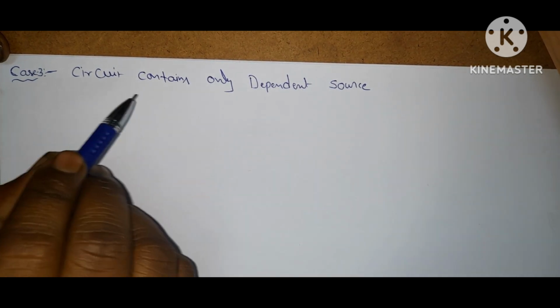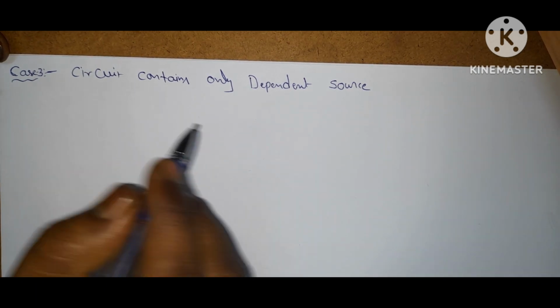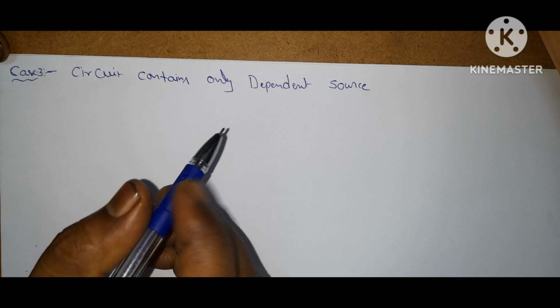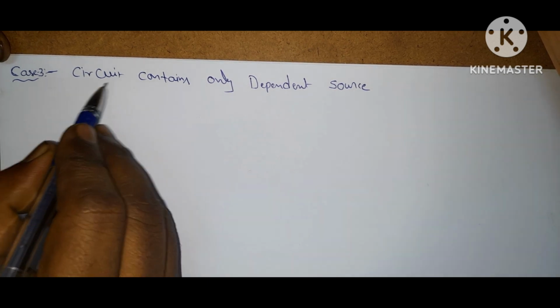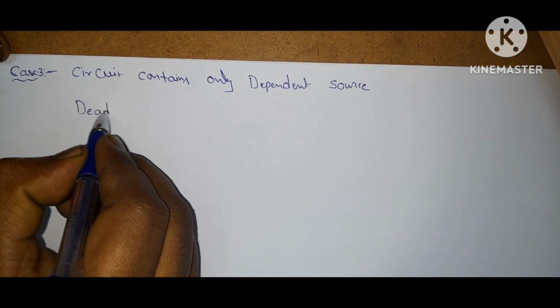If circuit contains only dependent sources, circuit does not contain any independent sources, circuit has only dependent sources, then this type of circuits or this type of networks are called dead networks.